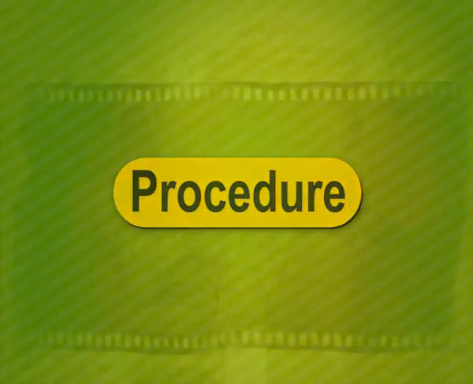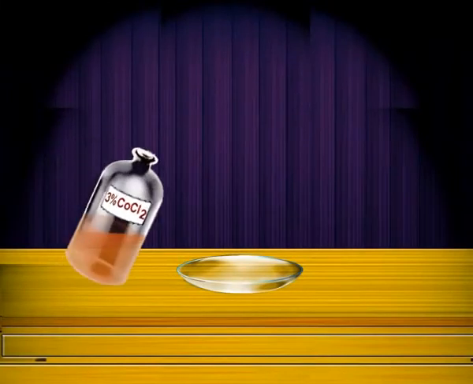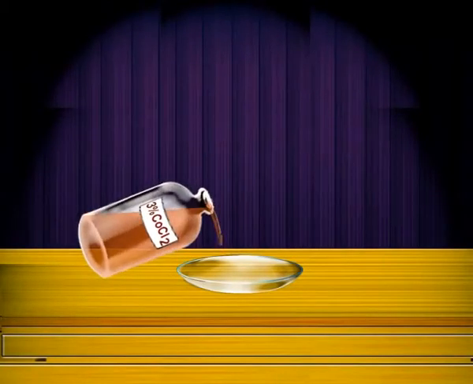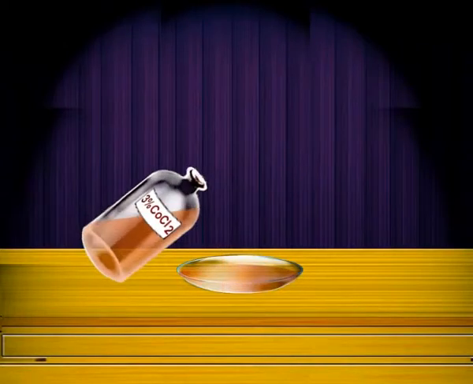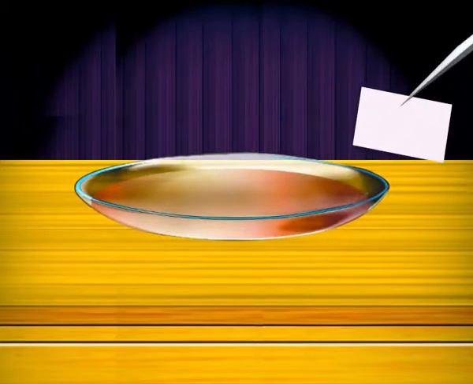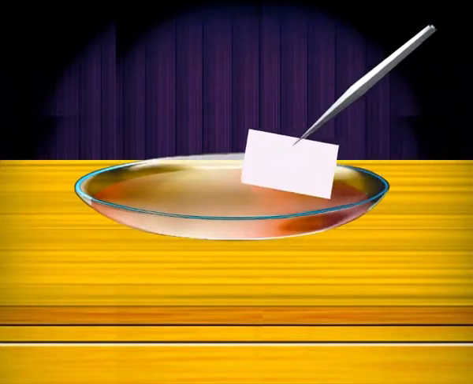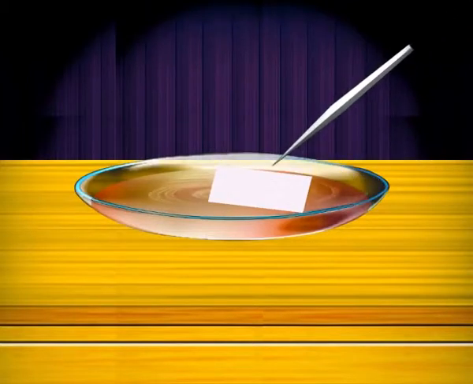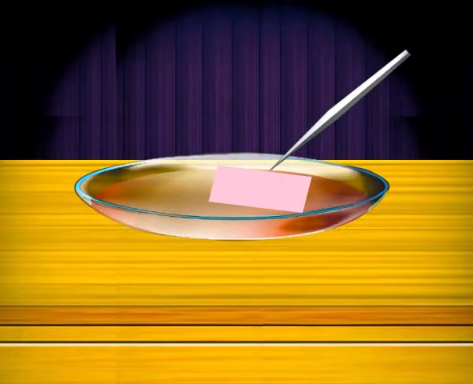Procedure. To prepare cobalt chloride paper, take 3% cobalt chloride solution in a watch glass. Cut a filter paper into strips. Dip these strips into 3% cobalt chloride solution taken in the watch glass.